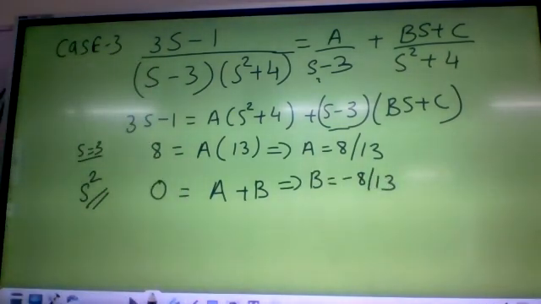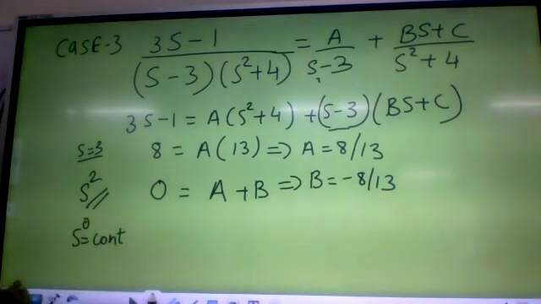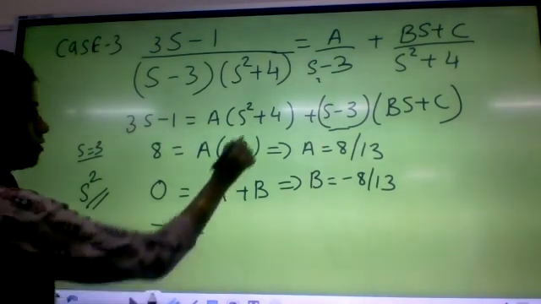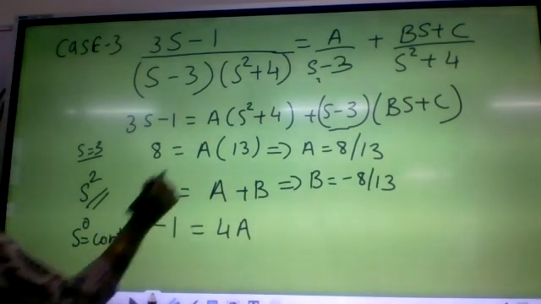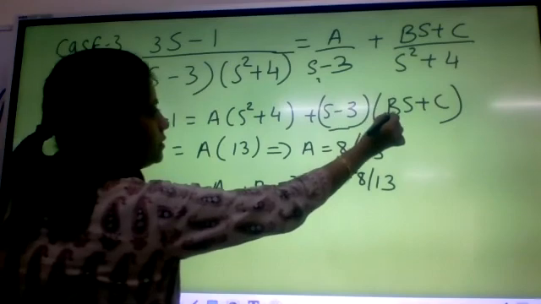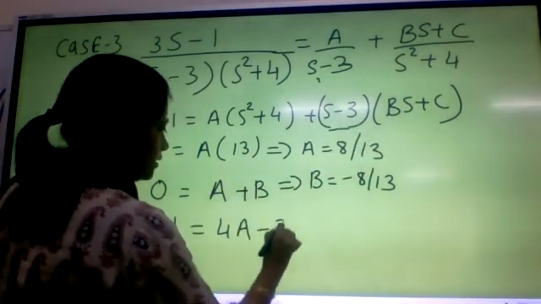Now next is compare the constant terms. Okay, means s to the power 0. That is the constant. So I am comparing the constant term. What is the constant term here? Minus 1. What is the constant term there? 4a. Right? When I open the bracket, 4a will come. That side, if I see, this will not give a constant, this will not give a constant, so minus 3c.